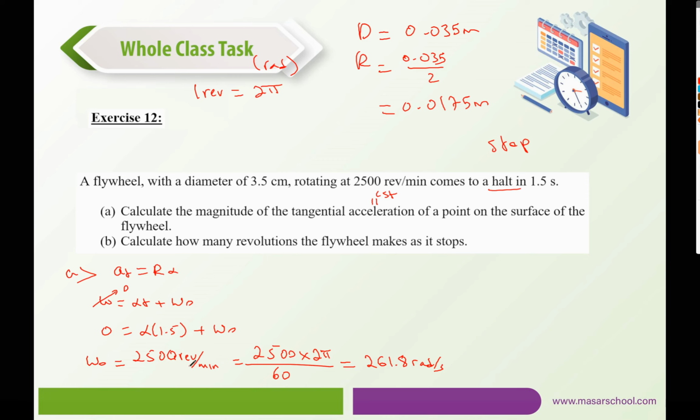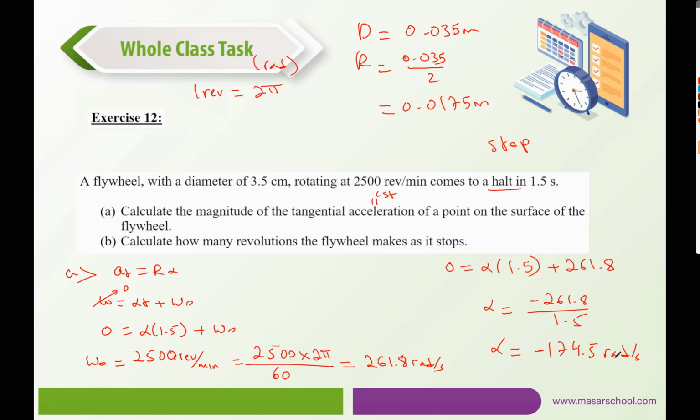Then the initial angular speed is 261.8. So 0 would be equal to alpha multiplied by 1.5 plus 261.8. Then in this case, alpha is given by minus 261.8 divided by 1.5, and alpha eventually, which is the angular acceleration, is given by minus 174.5 radians per second squared.